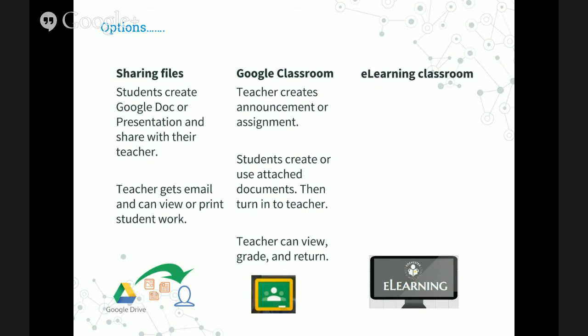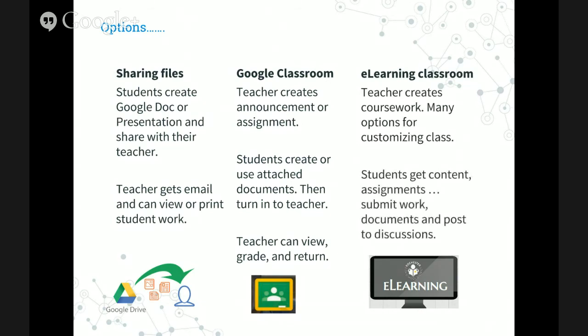The last option would be using Google e-learning as a classroom. There is a 6-hour PD that you can take. It's an e-learning class that will set you up with your own domain where you can create a class in e-learning. So it's pretty much where you are now in e-learning, you're creating that for your students.